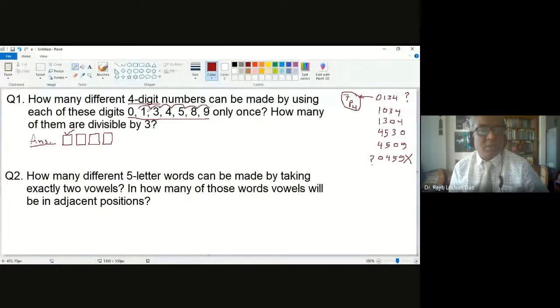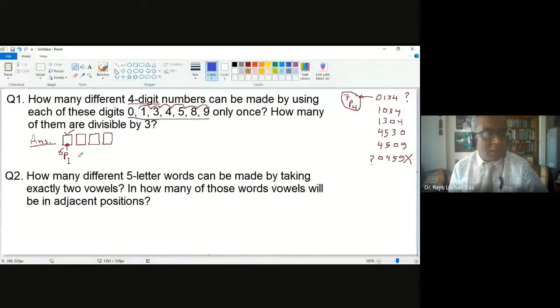That will be 6 numbers. So it will be 6P1. Why 6? Because you have 6 options in the list. Why 1? Because you are taking 1 digit here.